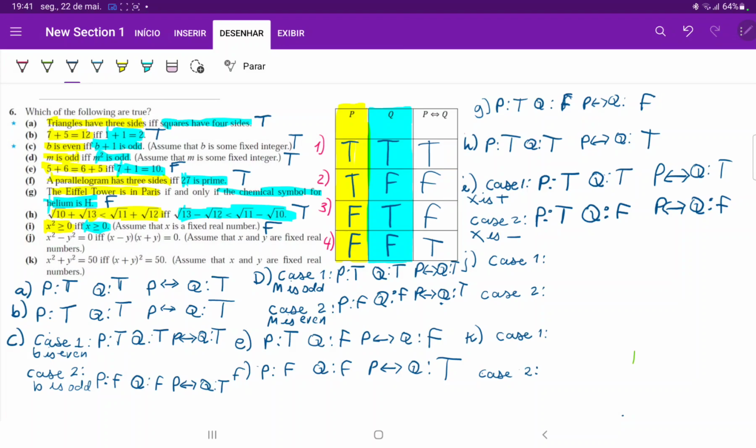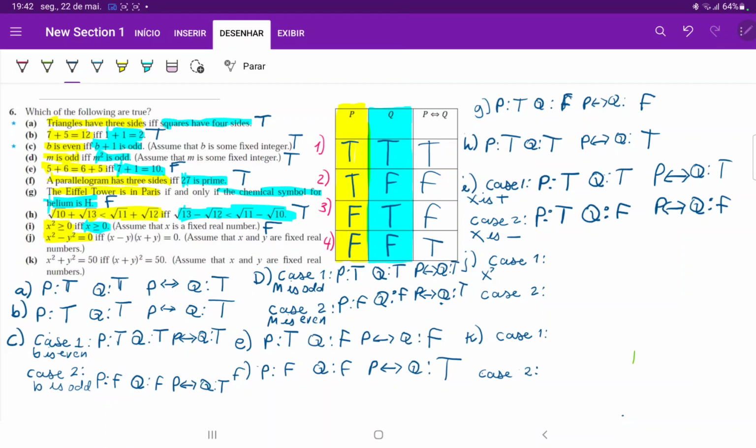Okay. Let's go to J. So J, P is X squared minus Y squared equals 0. For this one, we also need to consider two cases. Actually, I'm going to put it as X squared, because then that takes care of our negative and positive.